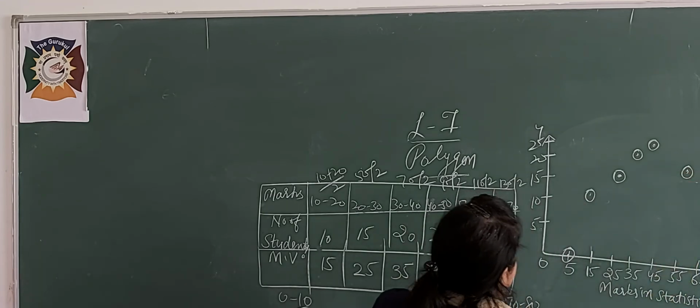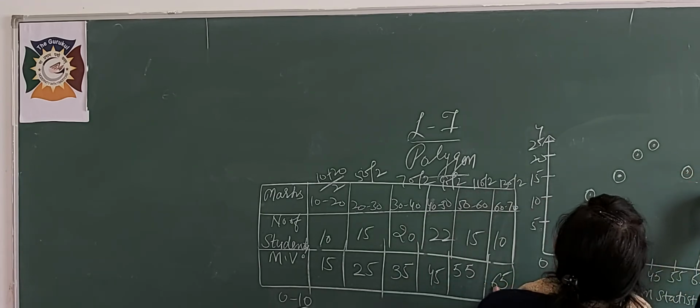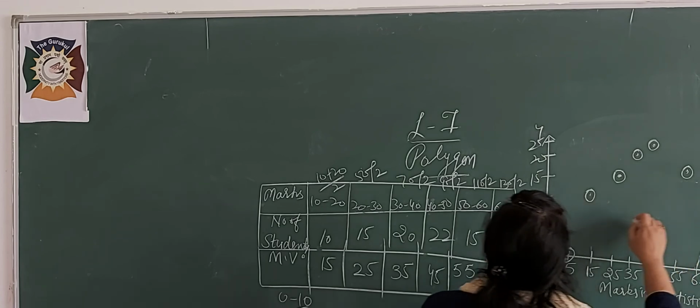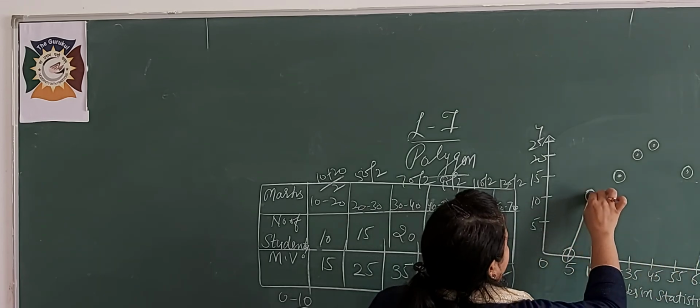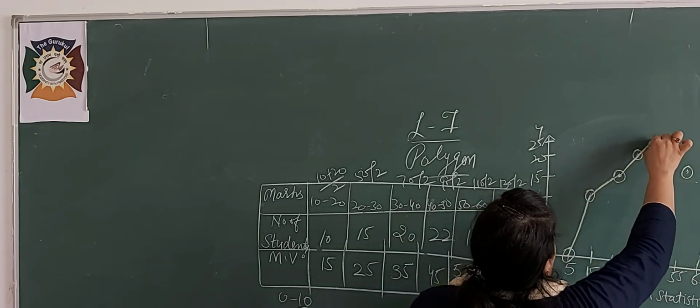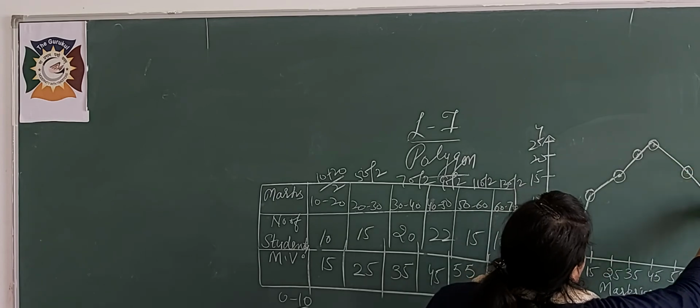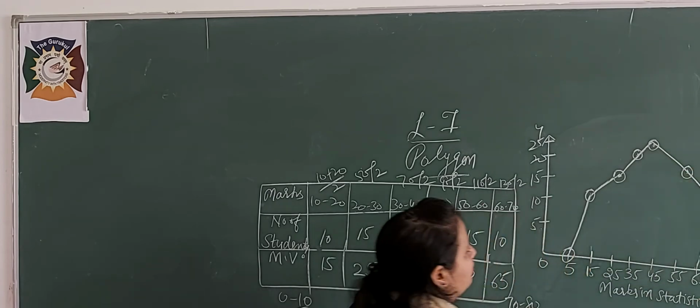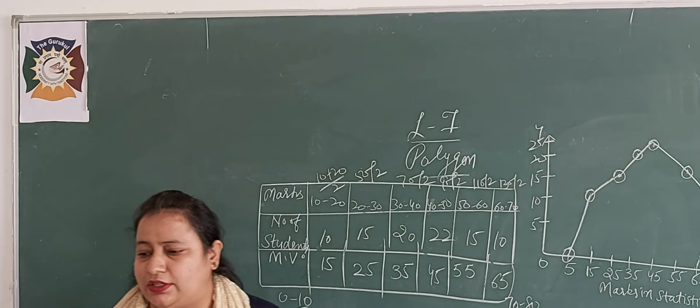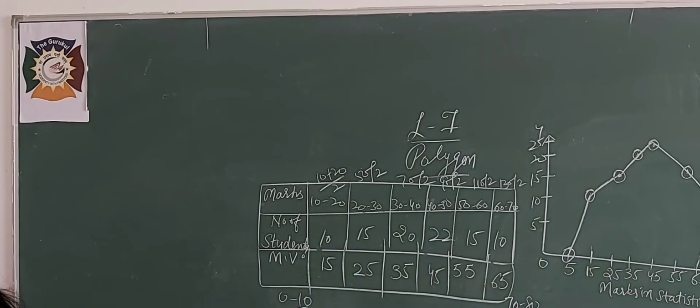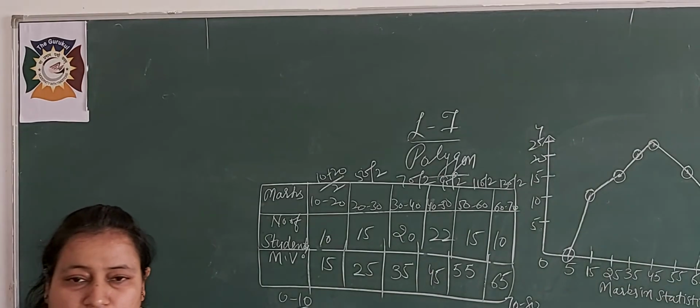Mid value 65, number of students 10. So, I will draw it with the help of matching the points with the foot rule. This is known as a polygon, but without histogram.